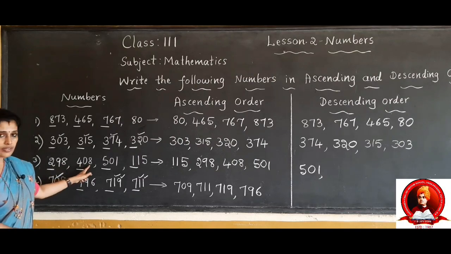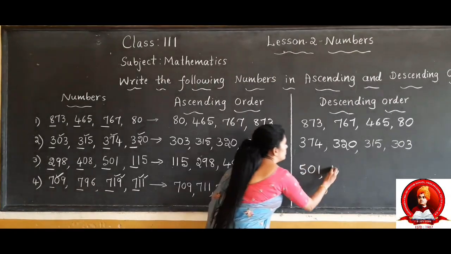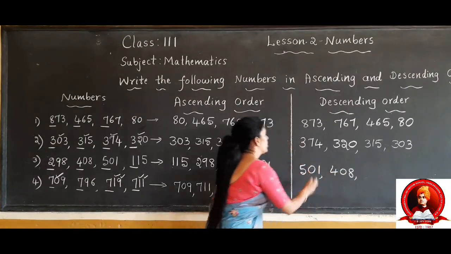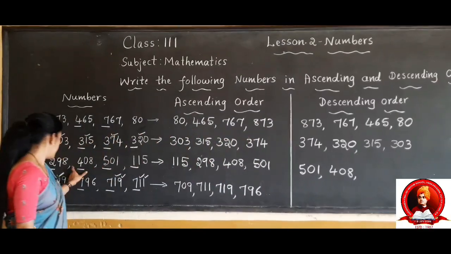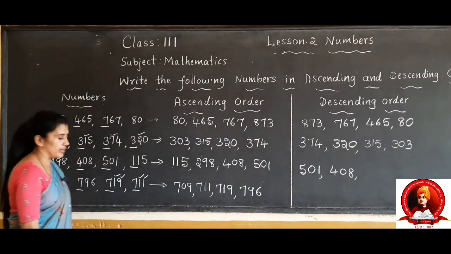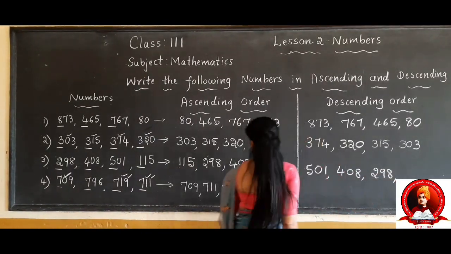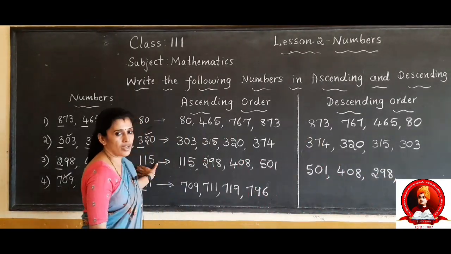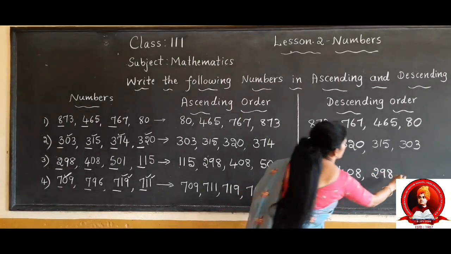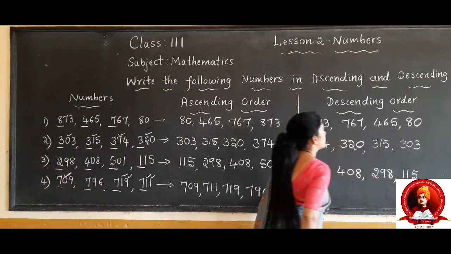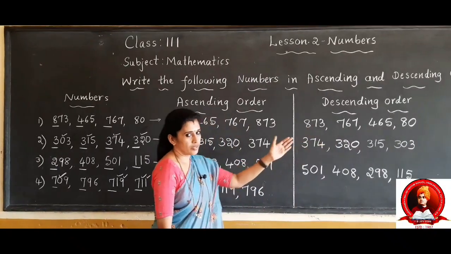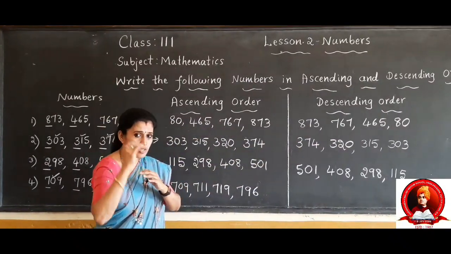That is 408. Okay, the next one is 298, smaller than that. Then the last one is 115. So like this we can write the given numbers in descending order, means from the greatest to the smallest.